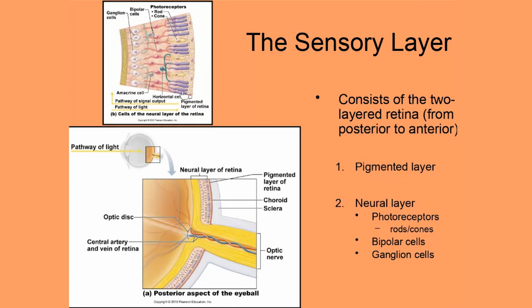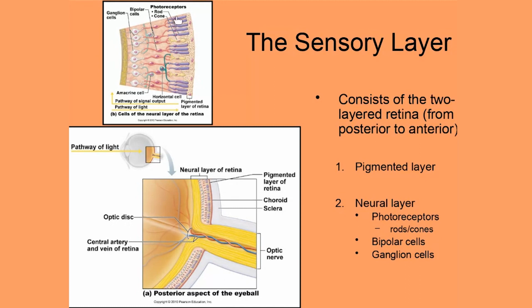However, when light travels through the eye, so you can see this little diagram here that's indicating the pathway of light, it goes all the way to the back. I'm going to jump back up to this microscopic picture of cells in the back of the eye. The light has to pass through 3 layers of cells in the retina and come here to our photoreceptive rods and cones to cause those photoreceptors to generate action potentials in response to that light.